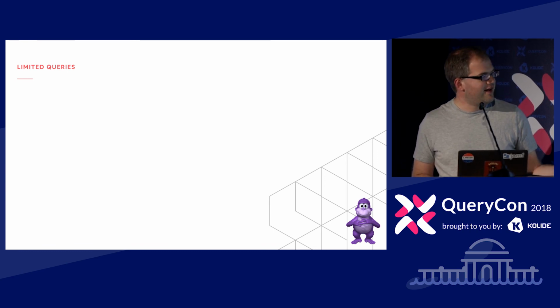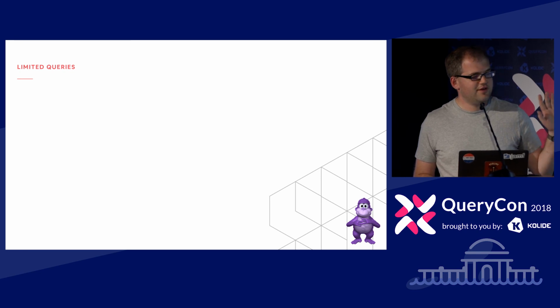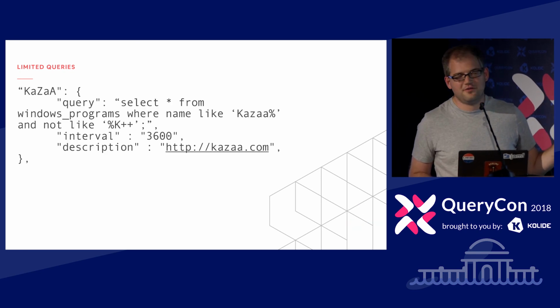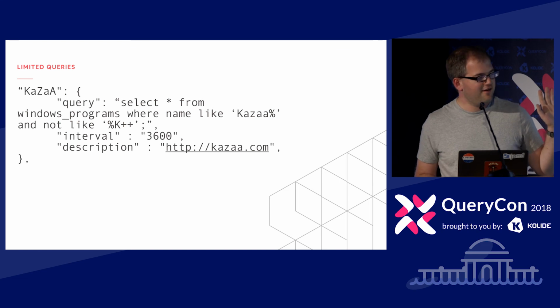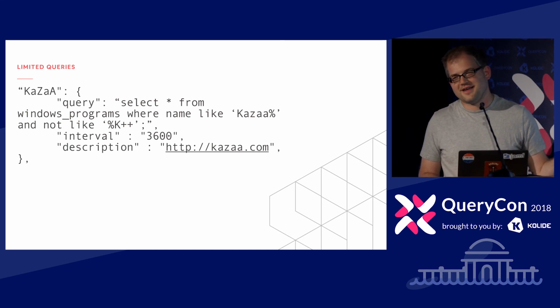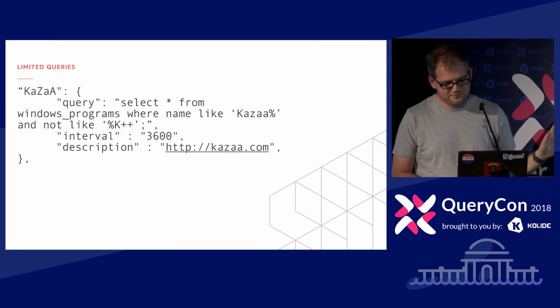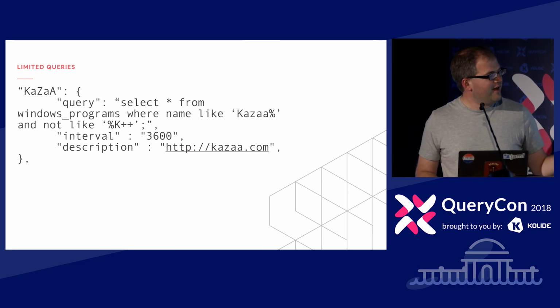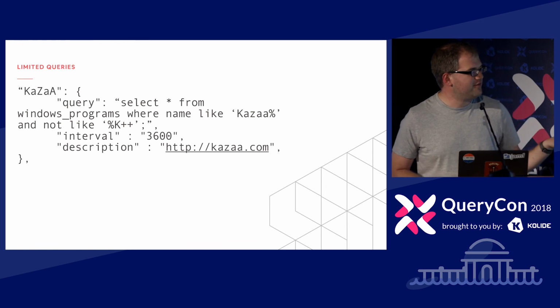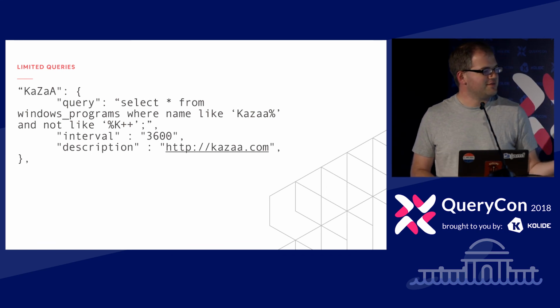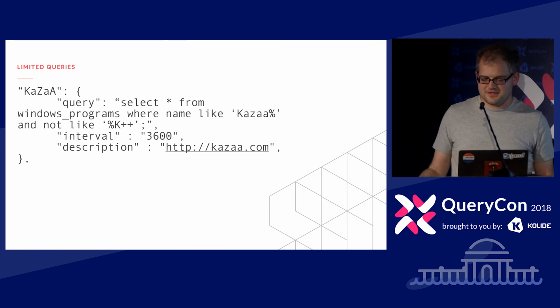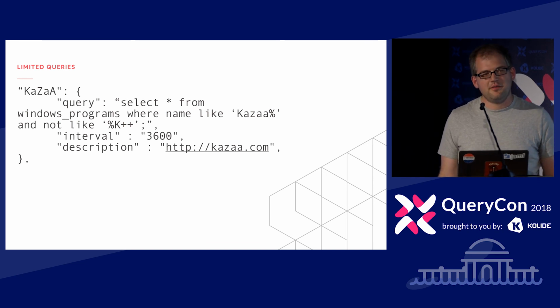So I copy Kazaa. I want to find all the Windows programs that match Kazaa, but not K++, because we know that one is not malware. So I'm going to copy that, and I'm going to change it over, and we're just going to find ones where the name is BonziBuddy. And then if a system has that on it, it would report back to me.